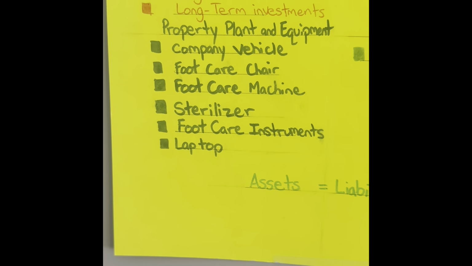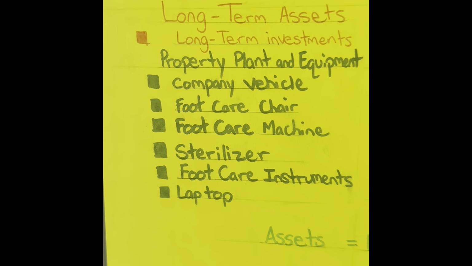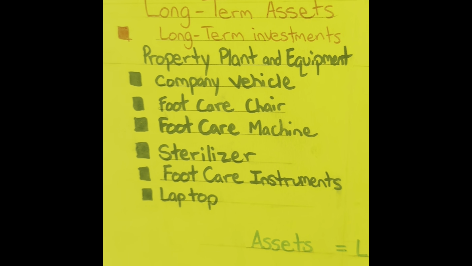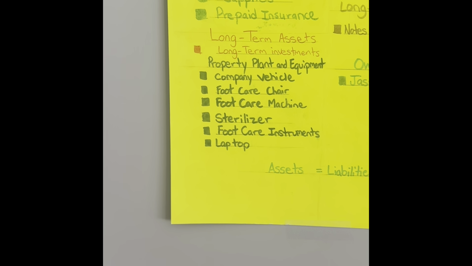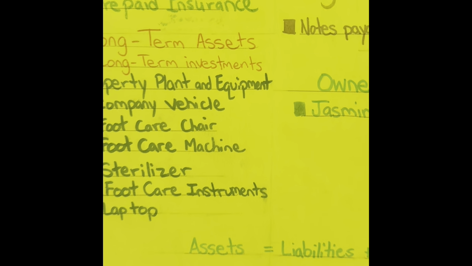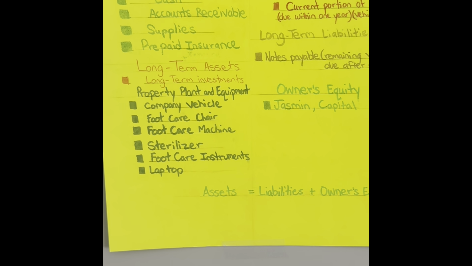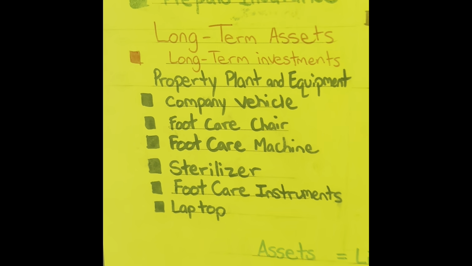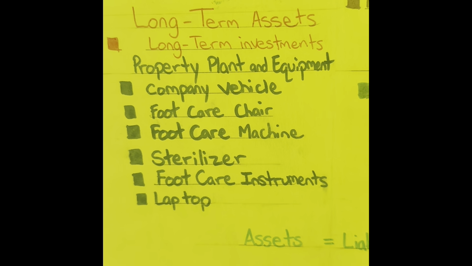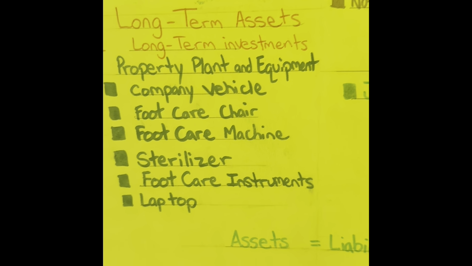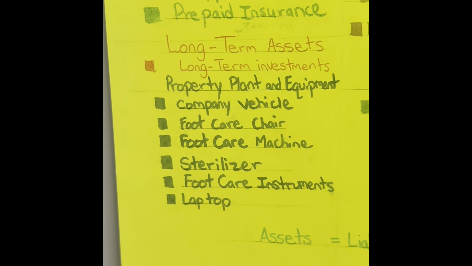And then we go down and look at long-term assets, which is my long-term investments that I have put into the business. Next we will look at property, plant, and equipment. So I have my company vehicle and I took out a loan to pay for it, and I make payments on it.